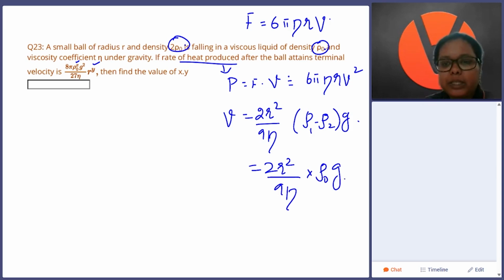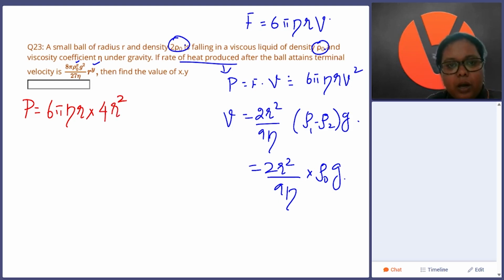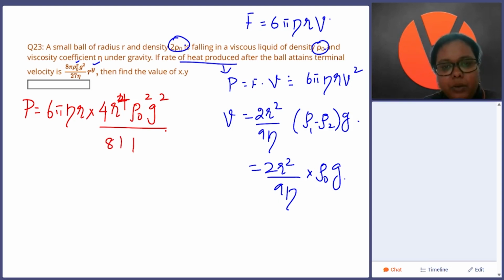So substitute this value in this expression, in power expression. What we will have? Power is equal to 6 pi eta r. You need to square this thing. So 4 r square, r power 4, rho naught square g square. So 9 square, 81 into eta. Okay. So now we are in a position to cancel this thing also.